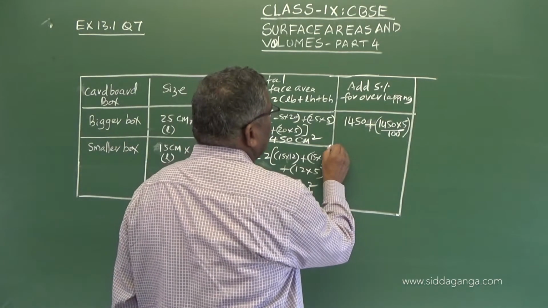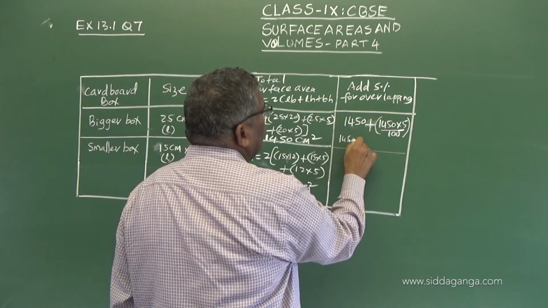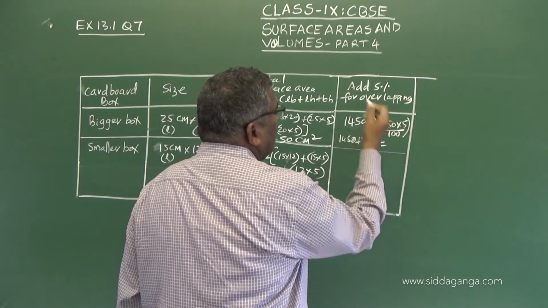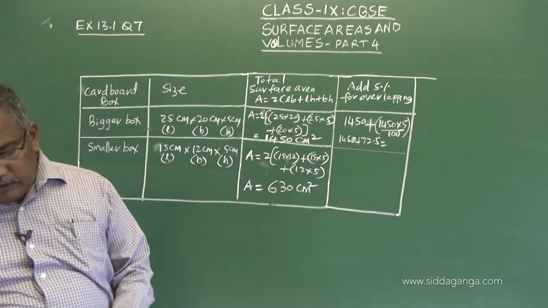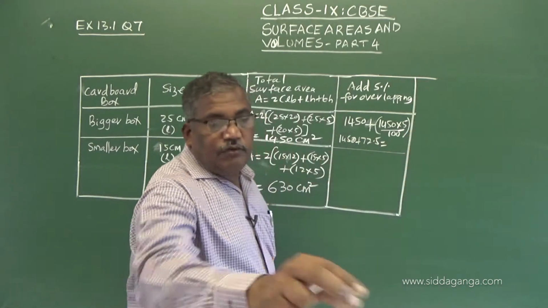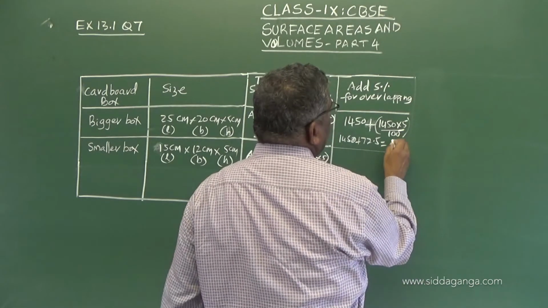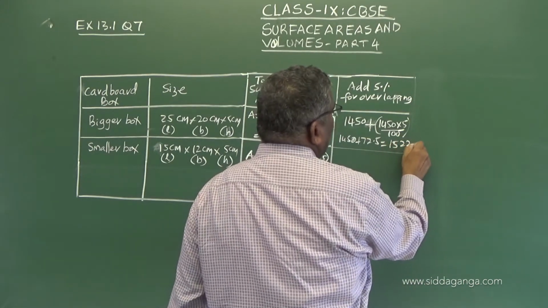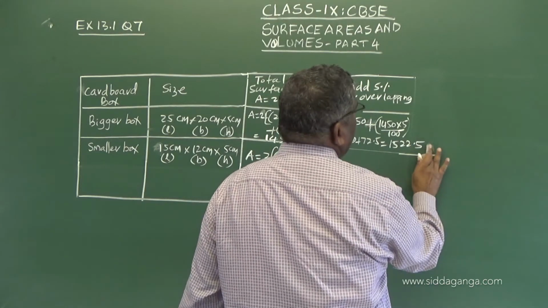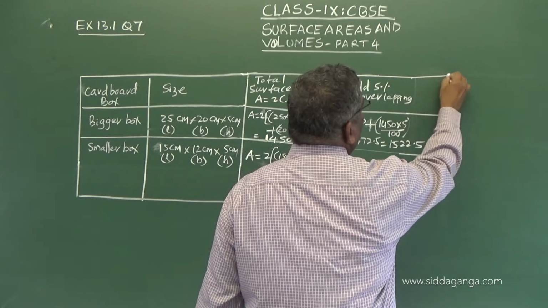So 1450 plus 72.5 equals 1522.5 centimeter square. This is the total area.